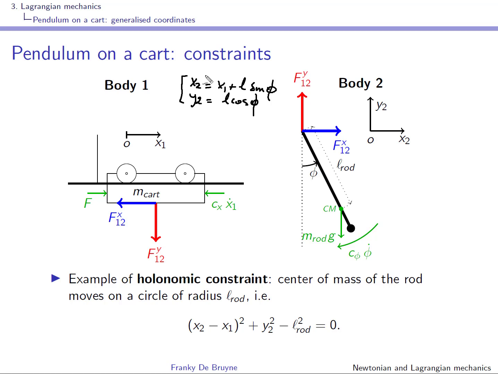If you write the first equation as x2 minus x1 equals L sine phi, now you can see that if you square this one and you add the square of this one, you'll have L square, and this is a form of a holonomic constraint, right? We have again this equation as a function of the variables, the coordinates, which is equal to 0.